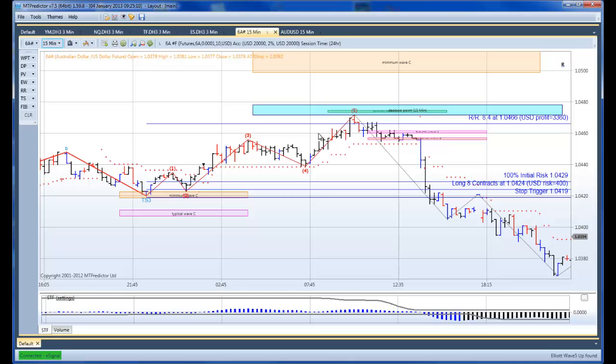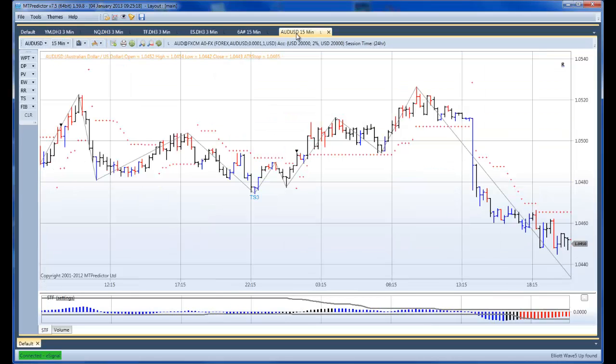I also took a look at this setup on the actual Forex chart to see how it would have come in. If we look at the actual Forex chart, here we can see the same initial trade setup. Again, this is a 15-minute chart, using FXCM Forex data on the Australian US dollar.